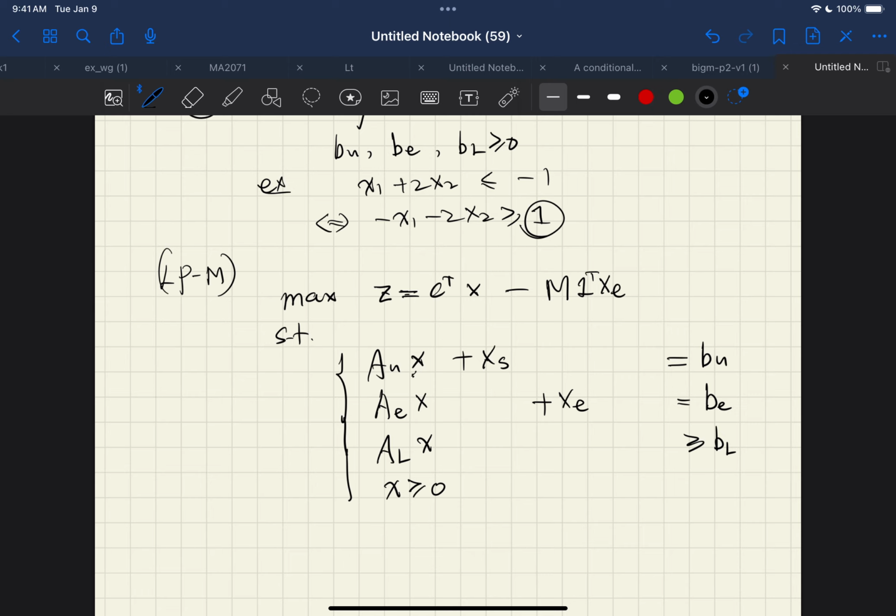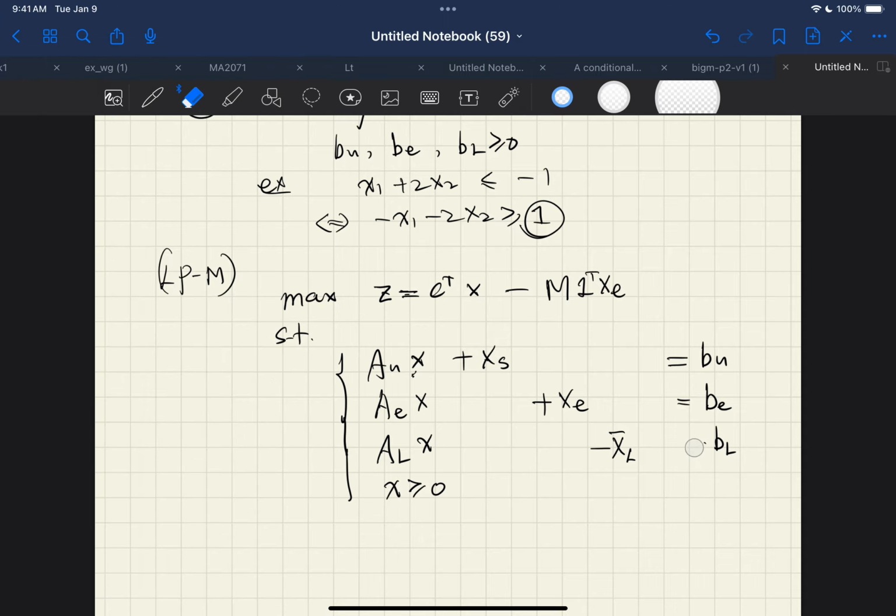The last one we have, because this is greater than or equal, then if you subtract some positive number, we call that, let's say, x bar L, then we can make it as equality.